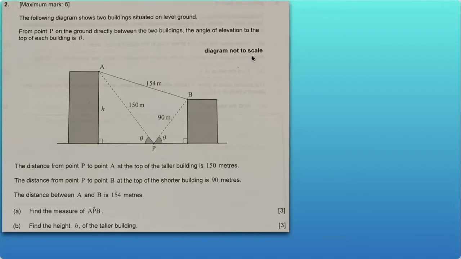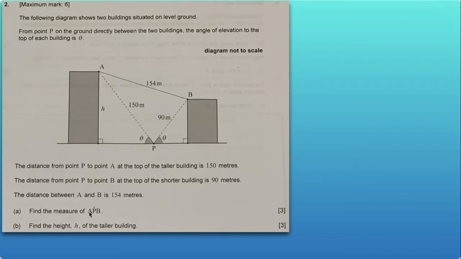Diagram not to scale. The distance from point P to point A is 150 meters. The distance from point P to point B is 90 meters. The distance between A and B is 154 meters.